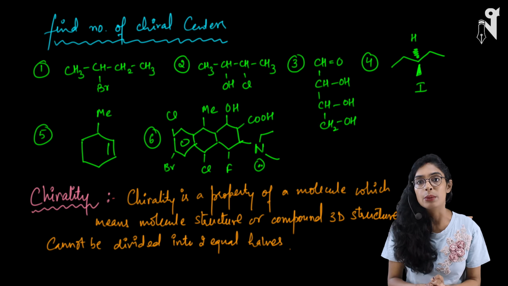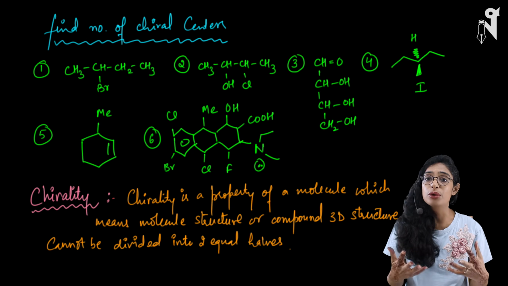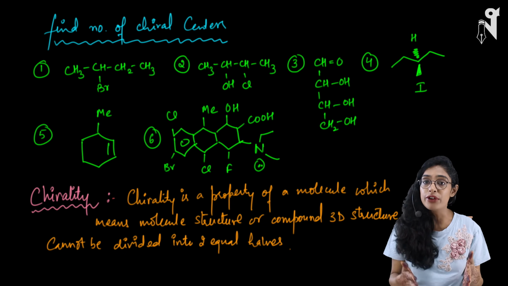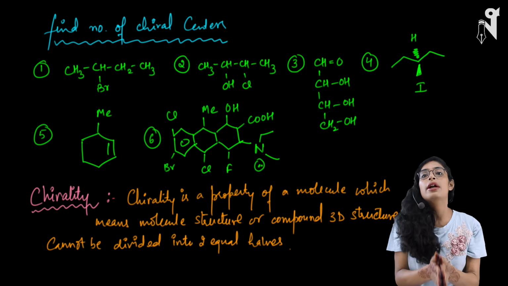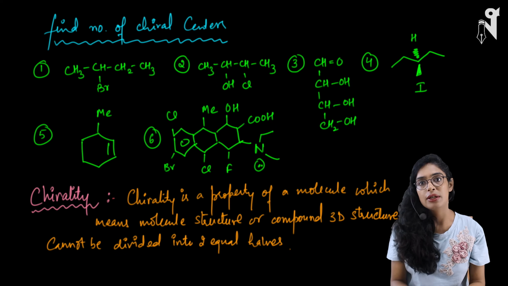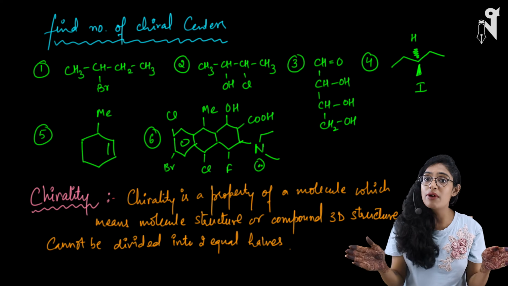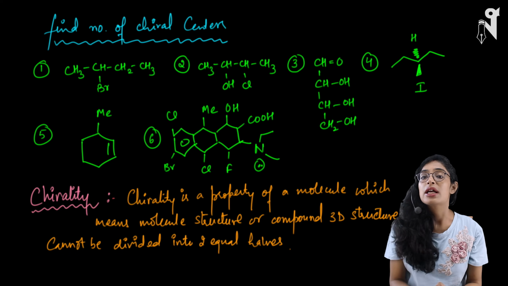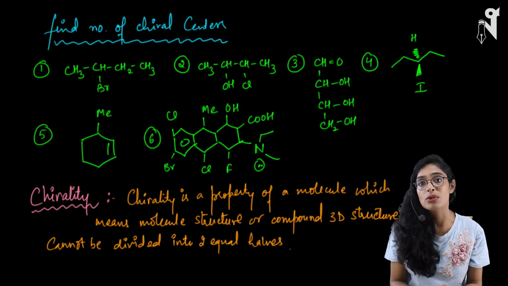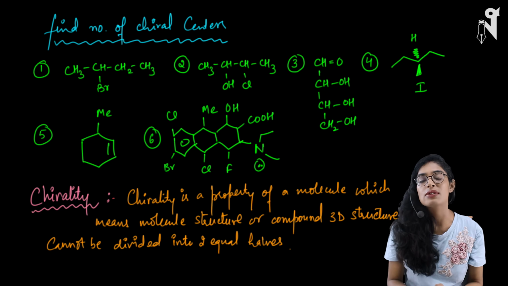So the property of a molecule or a substance because of which it cannot be divided into two equal halves is called chirality. The compounds which cannot be divided into two equal halves are called chiral compounds, whereas the ones which can be divided into equal halves are called achiral molecules.